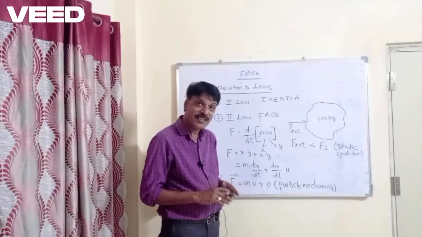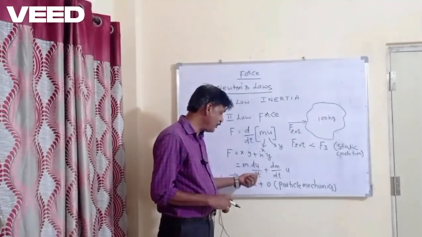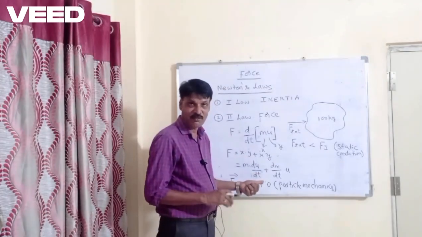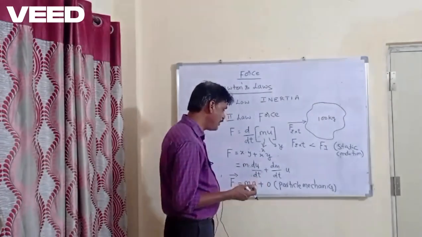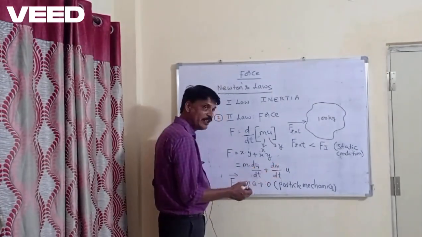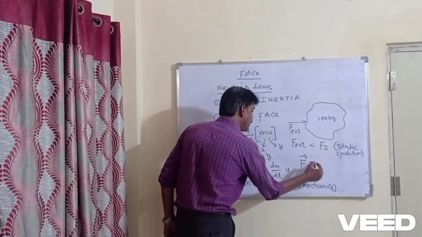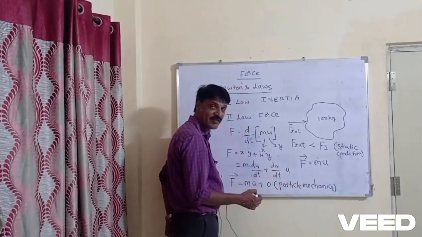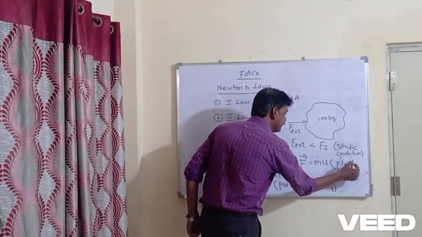In such situations, there is no rate of change of velocity, the velocity remains constant, but the mass flow rate varies. In such situations, you take the second term, wherein force is equal to mass flow rate into velocity. This is for variable mass systems, mostly fluid mechanics.